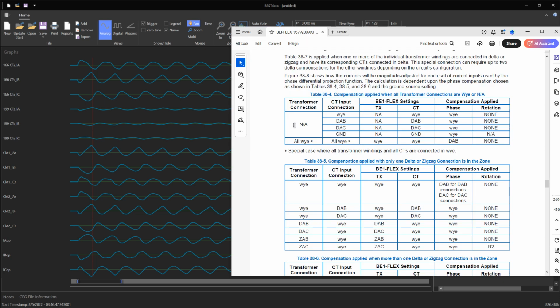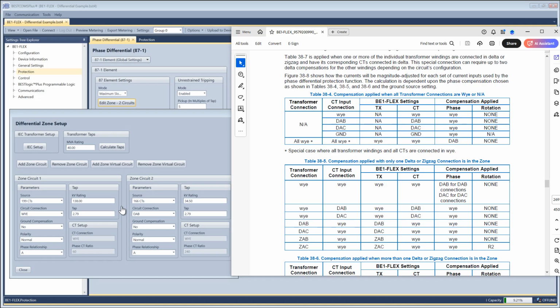If I'm looking at the instruction manual, the compensated values are going to be dependent upon how those transformers are connected as well as CTs. There's an excerpt in the BE1-FLEX manual that goes through some of the description. Very generically speaking, the most basic example is if you have a Y delta transformer, just a two-winding transformer, for example, you're going to compensate the Y side because the delta side doesn't have neutral readings, so you have to compensate the Y side in order to match it to the delta.